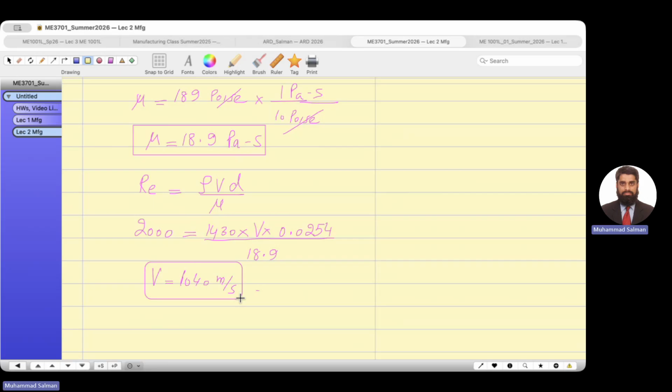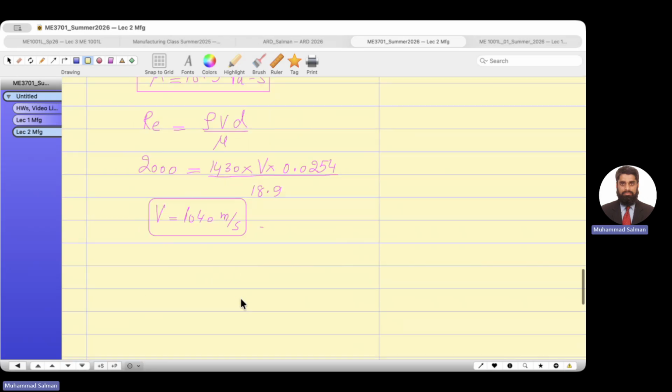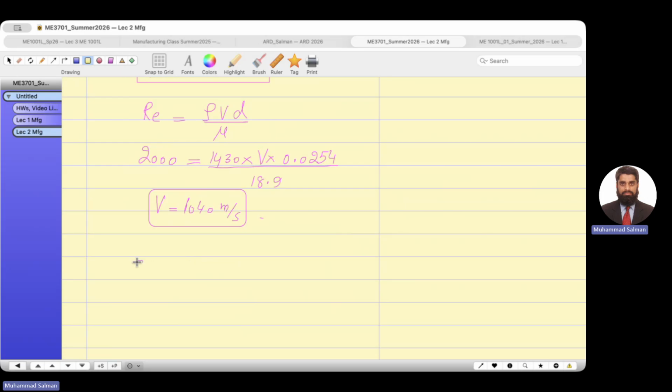Okay, let's do one more, although it's not here. Can you plug in 20,000? Let's see. What is the velocity of honey in the same pipeline when you have 20,000 Reynolds number? Just for intuition purpose, okay? Can you open your calculators and help your professor? What do you guys get?